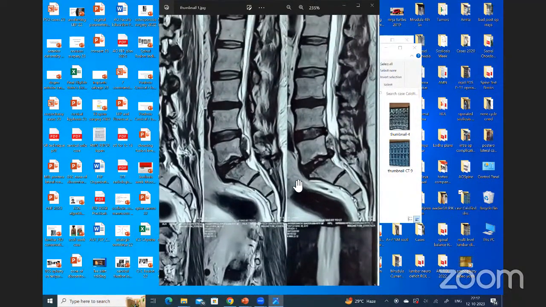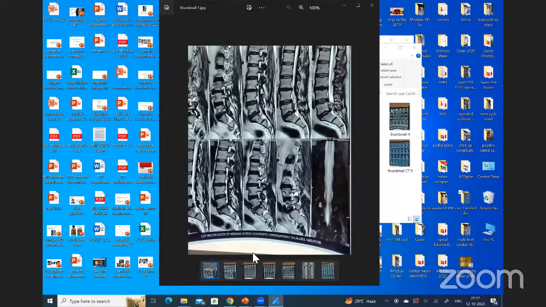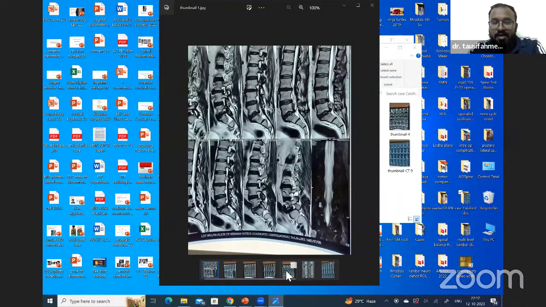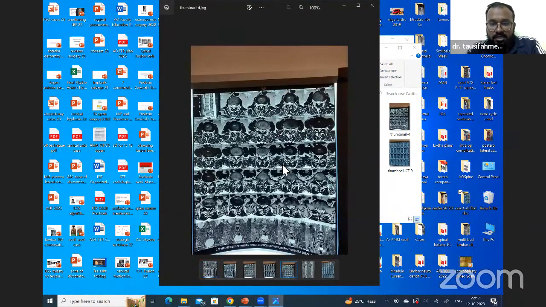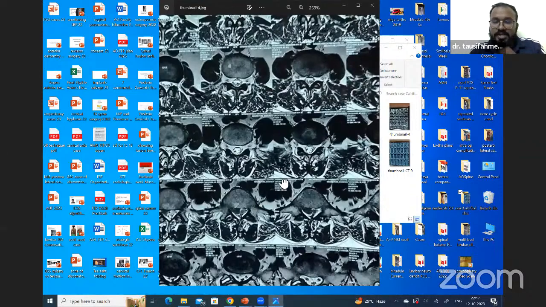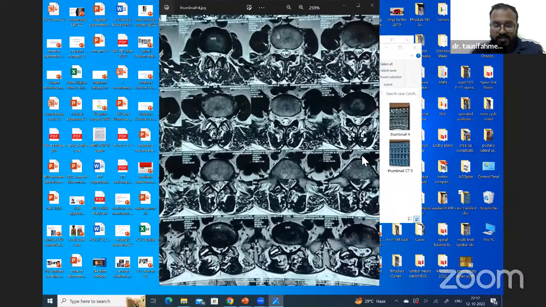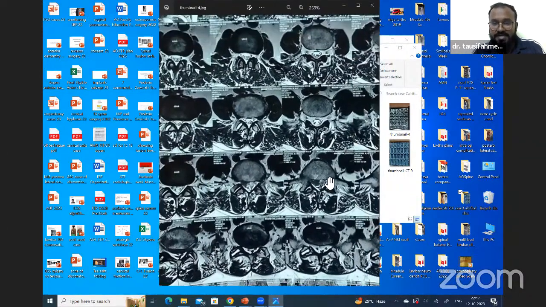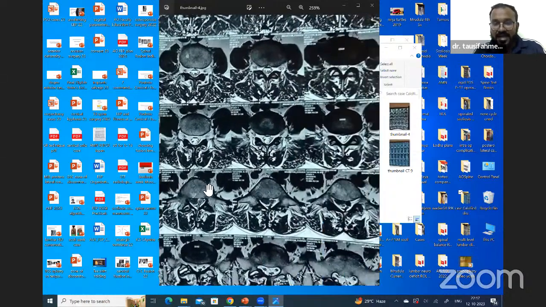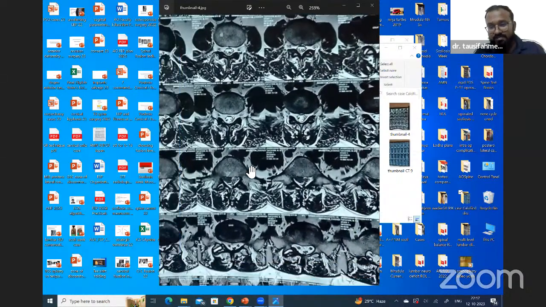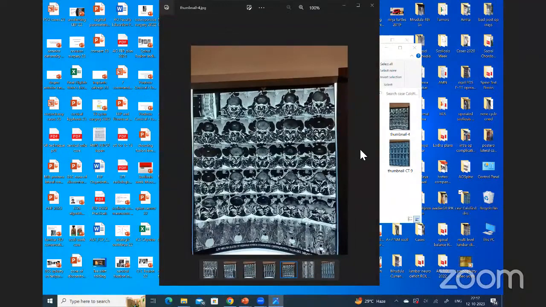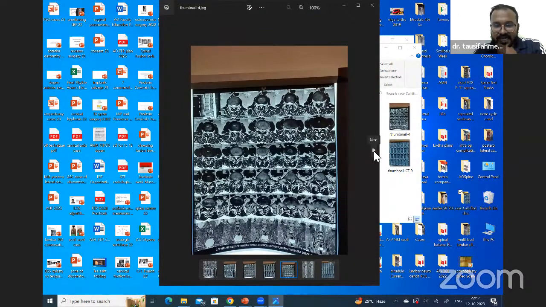The third thing I would like to point out is that it looks to me like a hard disc on the soft disc, because on the T2 weighted film, the lower part of the disc is completely black as compared to the softer part, which has migrated superiorly. So can we have the X-rays, dynamic X-rays, and the CT scan in the line, I hope.